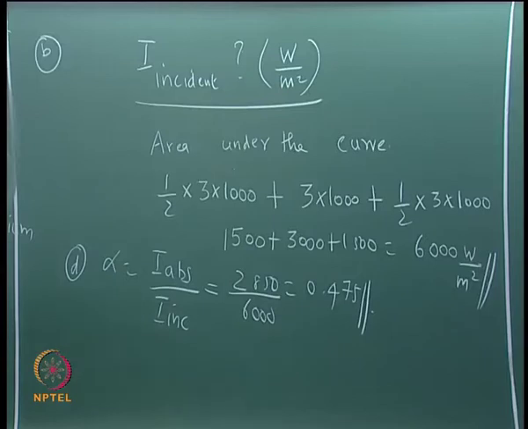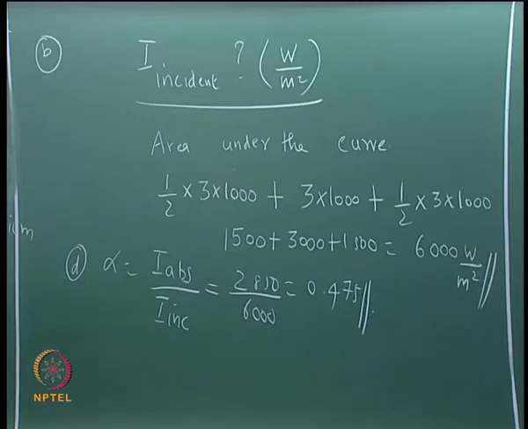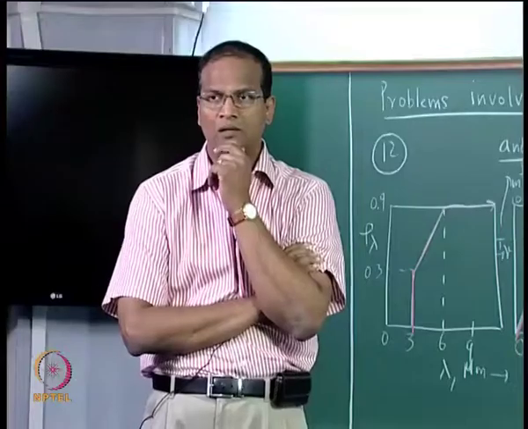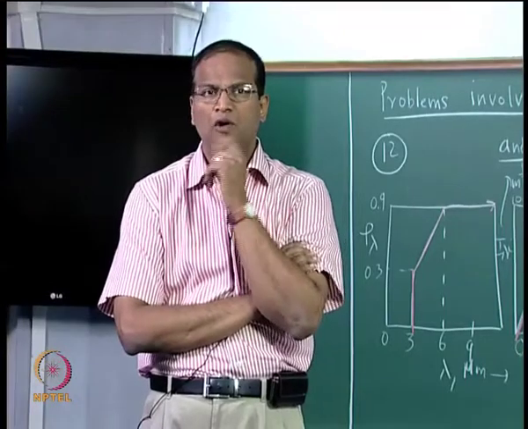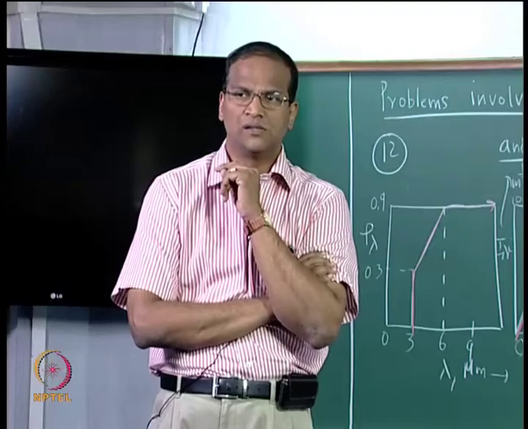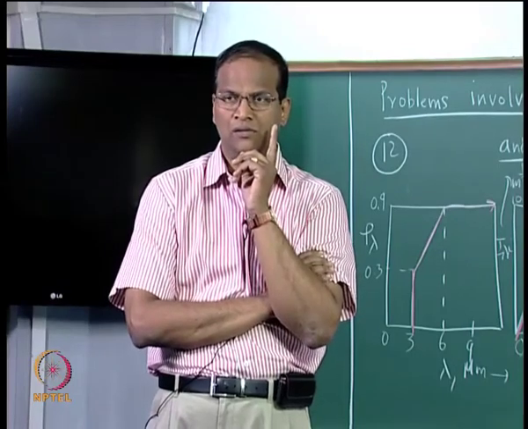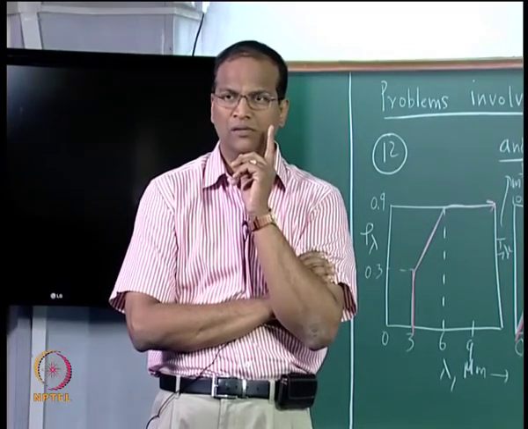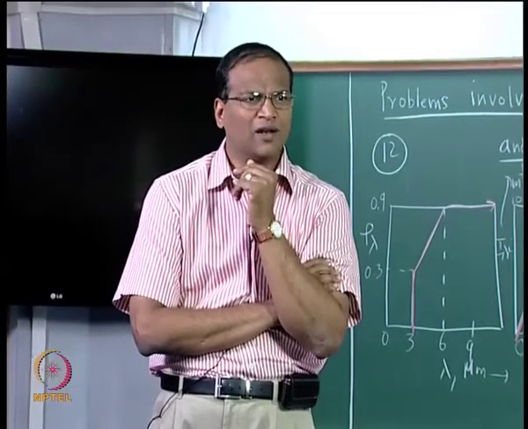okay. So this gives you a good idea how to convert the spectral quantities into total quantities with I lambda given. But if you want to calculate epsilon lambda for this surface, is the data which I have given enough?